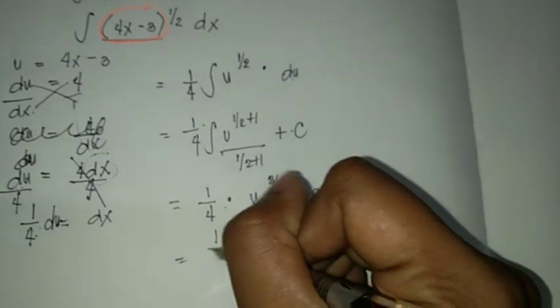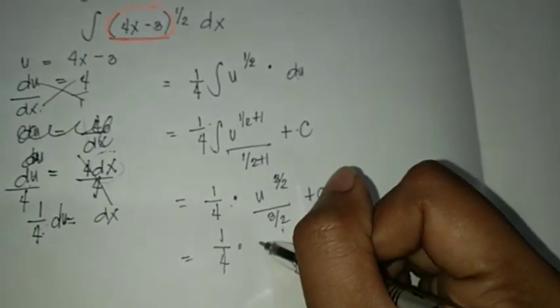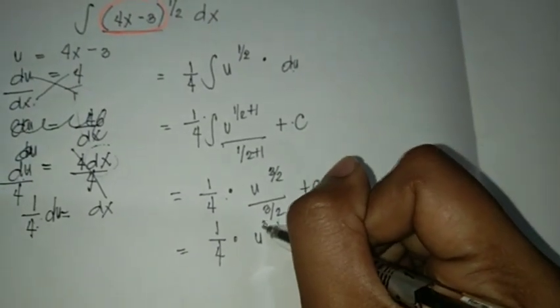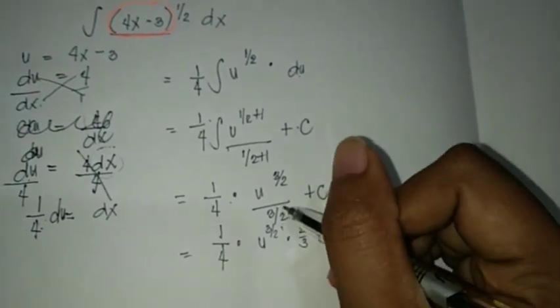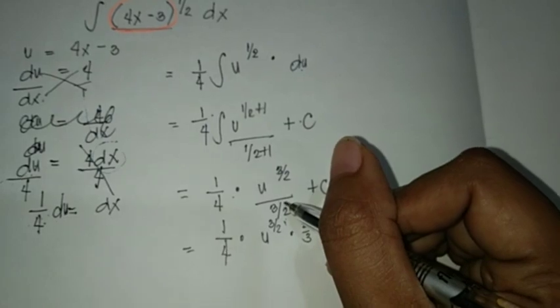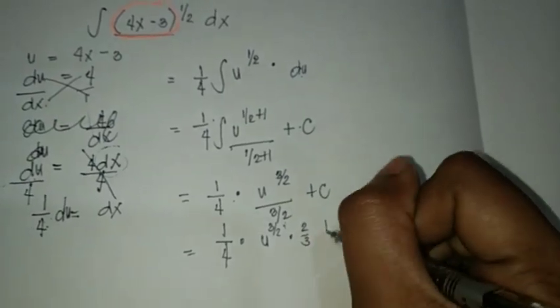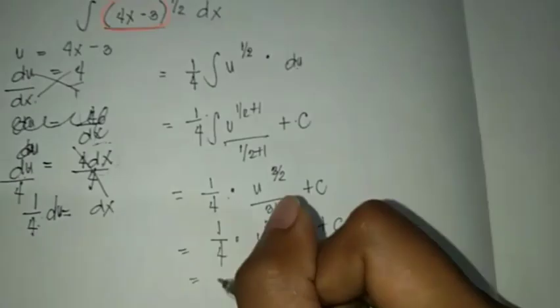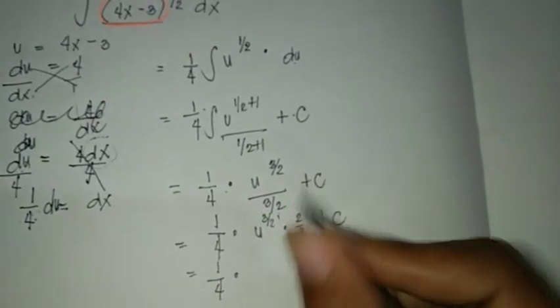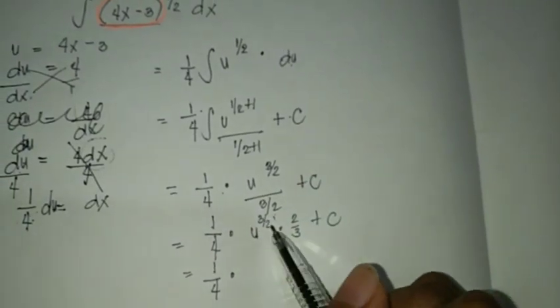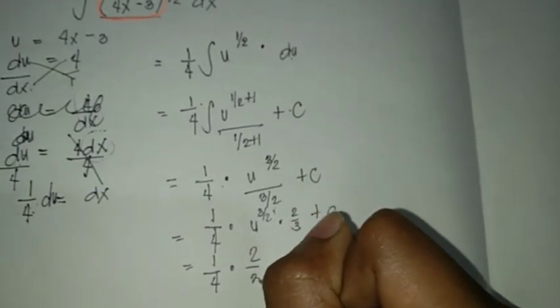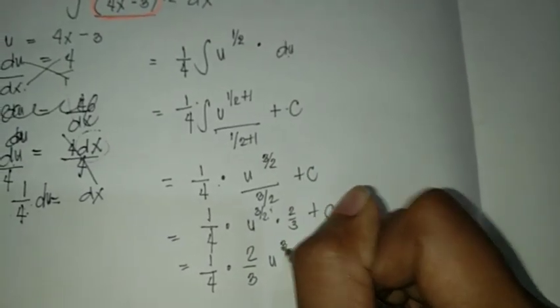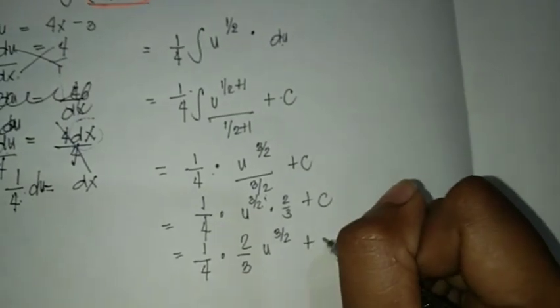So 1/4 times u to the power of 3/2 times 2/3, since the reciprocal of 3/2 is 2/3, plus c. So 1/4 times u to the power of 3/2 times 2/3 is simply 2/3 u to the power of 3/2 plus c.